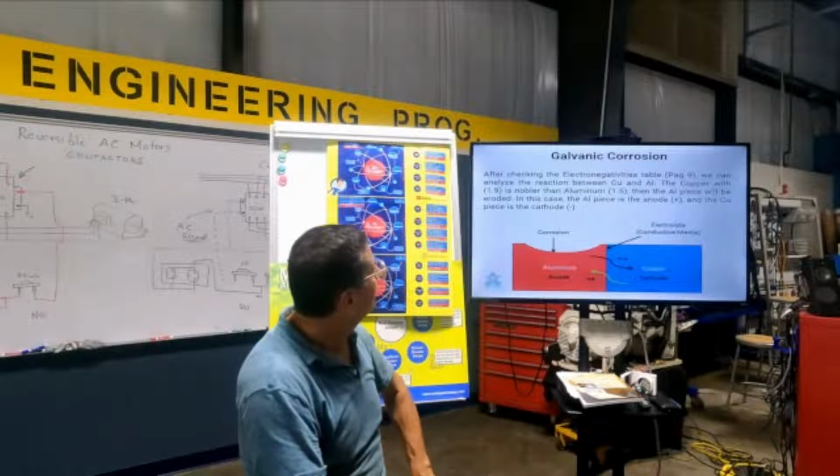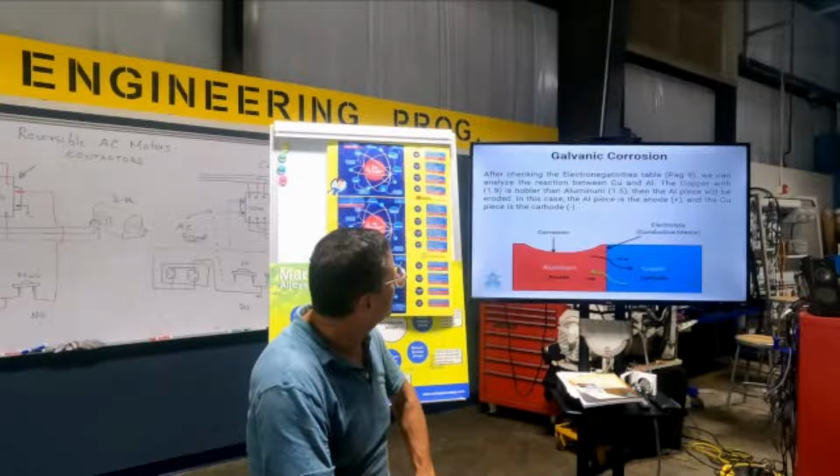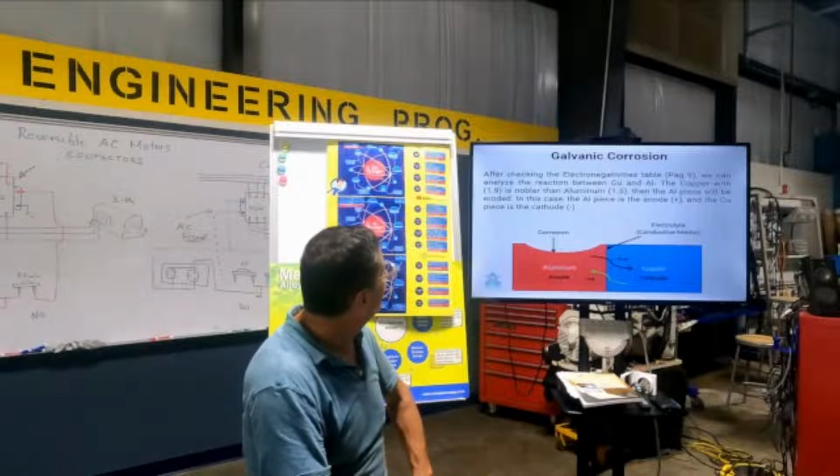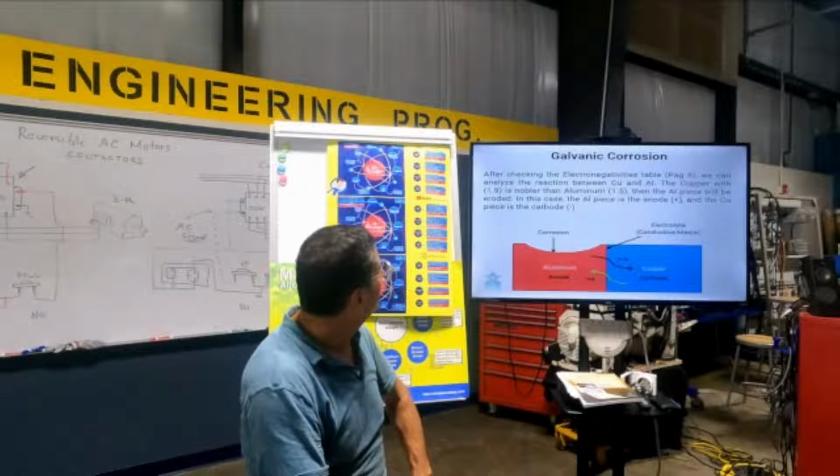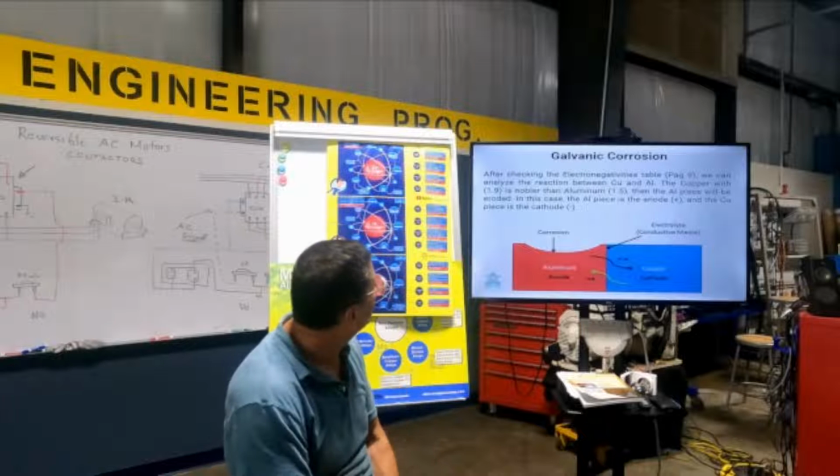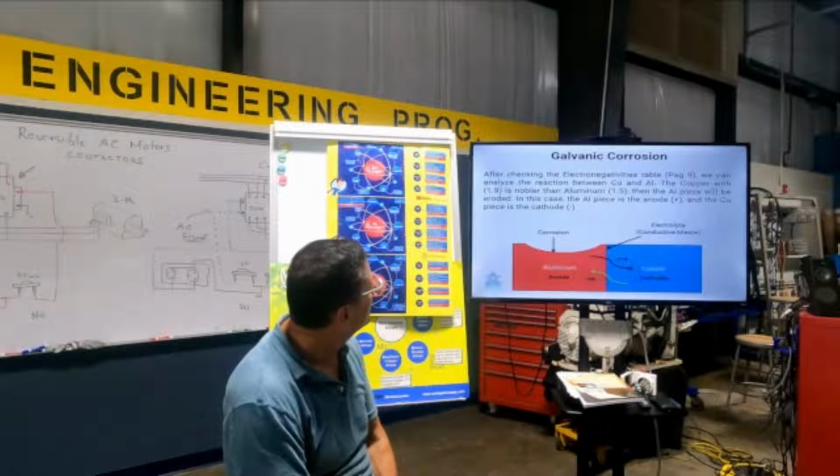After checking the electronegativities table on page 9, we can extract that copper, with 1.9, is higher than aluminum, with 1.5, so the aluminum piece will be eroded. In this case, the aluminum piece is the anode and the copper is the cathode.